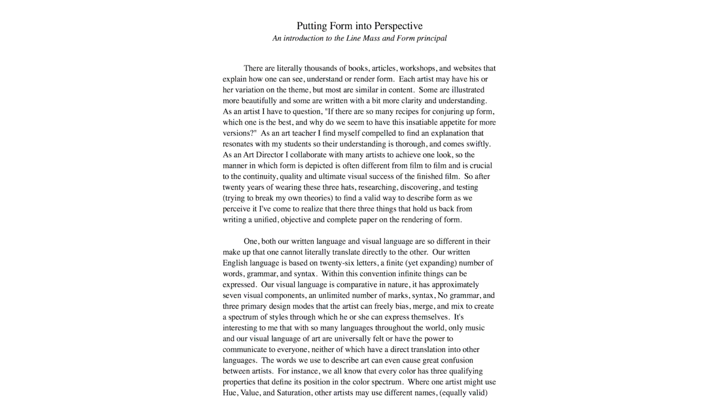Okay, a lot of the books and things that we read are really about form, and very few talk about line as a design tool, or mass or notan as a design tool, and that's just too bad.